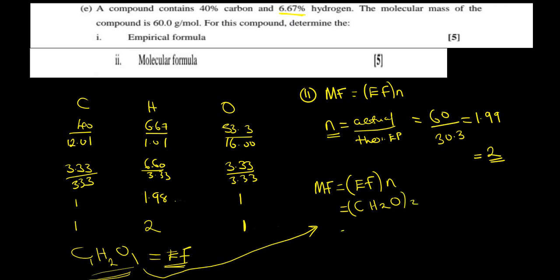The final answer will be C2H4 when you distribute the 2 there. So this is the molecular formula that we needed to calculate. By this we can see that these were the actual numbers of atoms in this molecule, meaning that for the empirical formula it was just simplified.